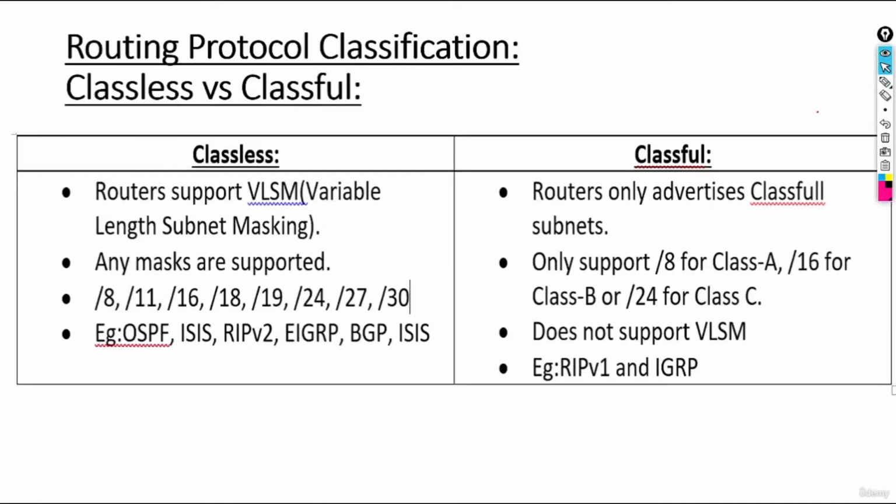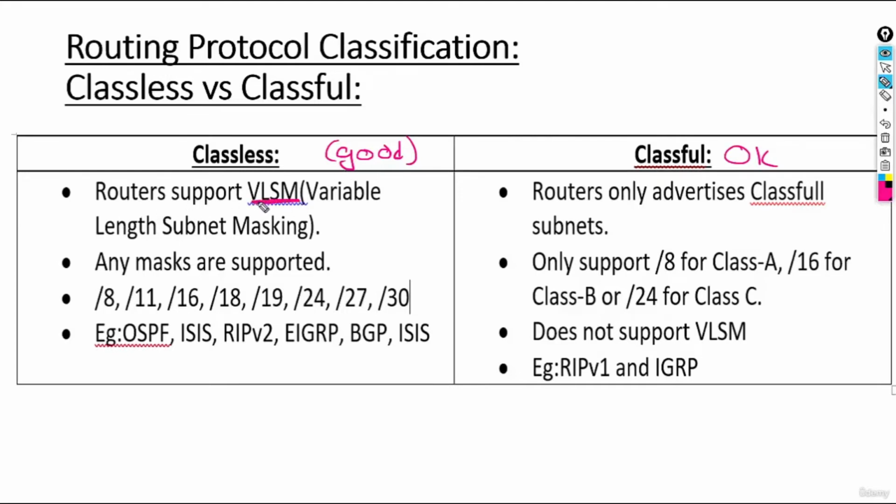Finally, method 2 is called classless and classful routing protocols. Again, classless is a good protocol and classful is an okay protocol. Whenever possible, you should always go with a good protocol. The reason it is good is that it supports something called VLSM.